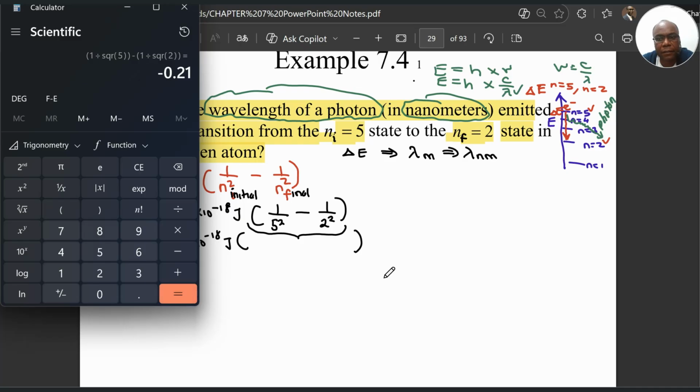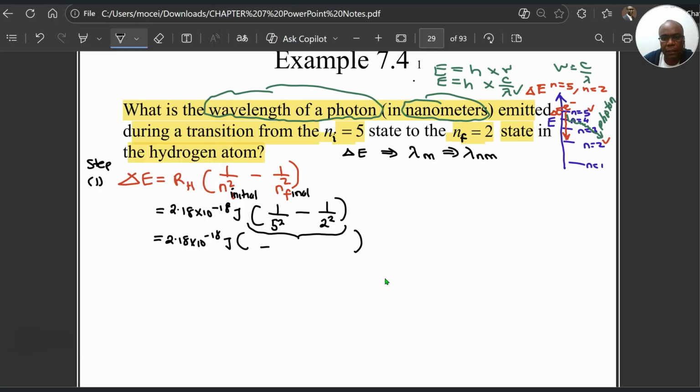It's giving me negative 0.21. So this one right here is going to be negative 0.21.